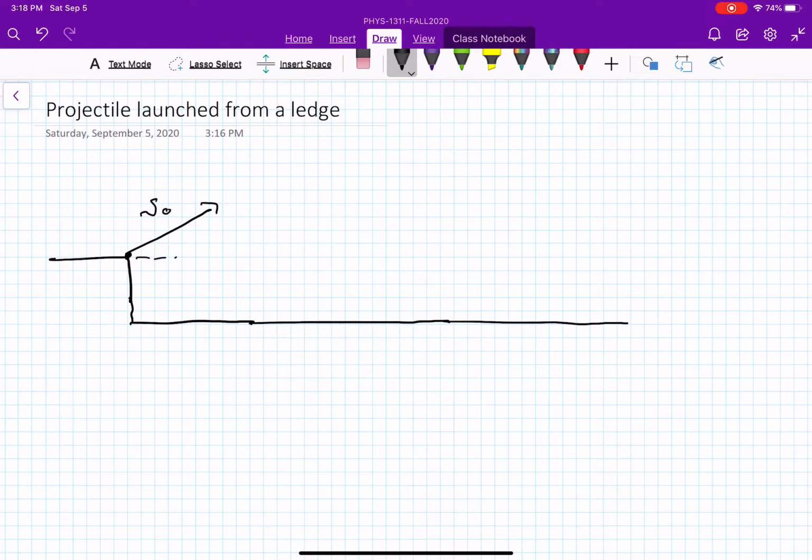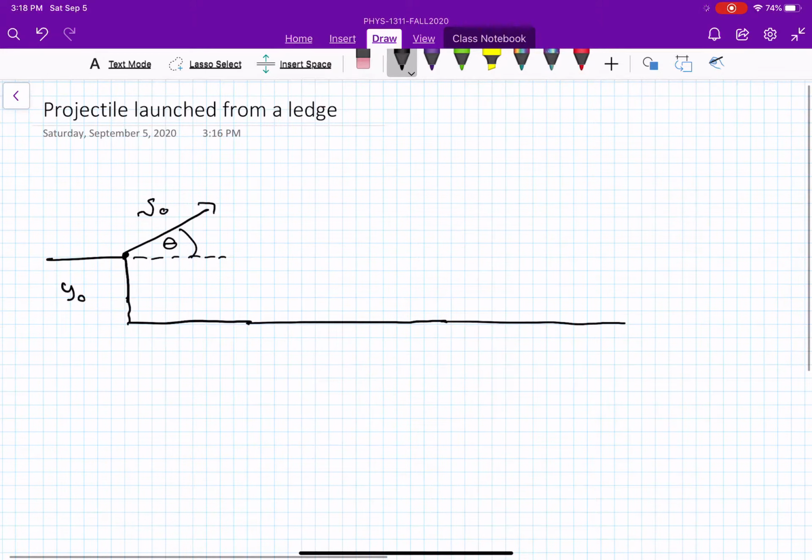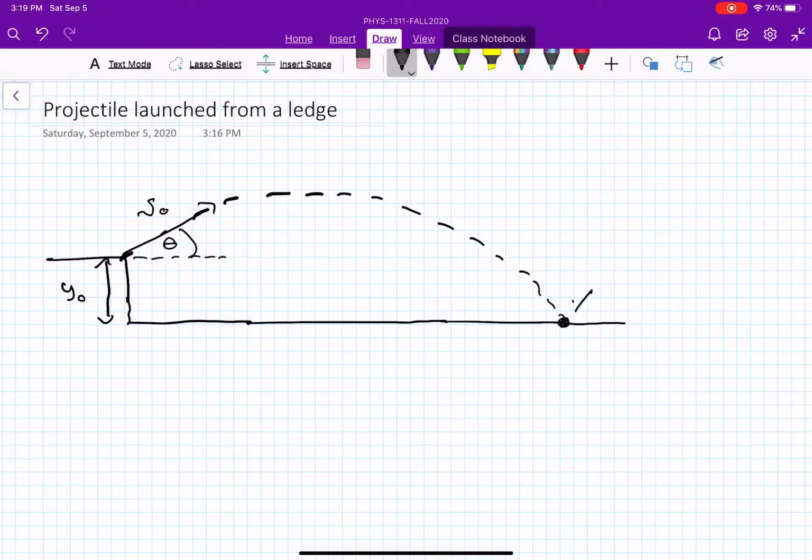And that initial velocity vector makes an angle, let's say theta, with respect to the horizontal. And I'm going to assume there's some initial height, y0, that it is launched from. That's the height of the ledge, okay? So what happens is this projectile follows a parabolic trajectory and then lands somewhere at some final x sub f.